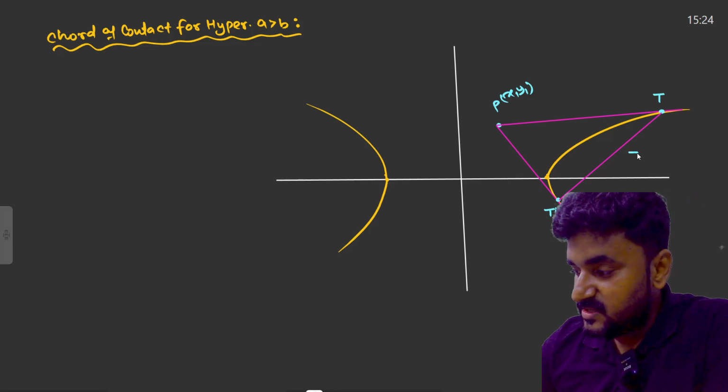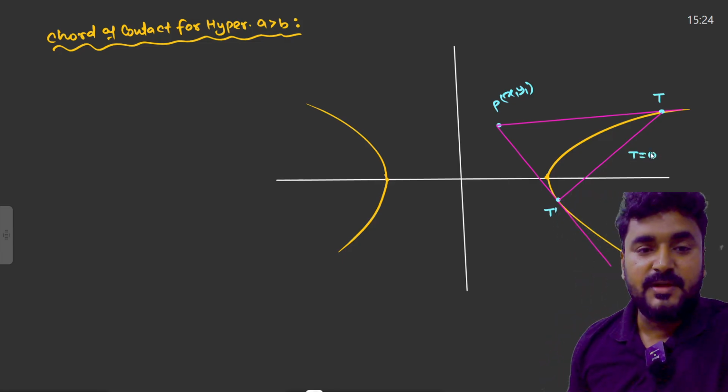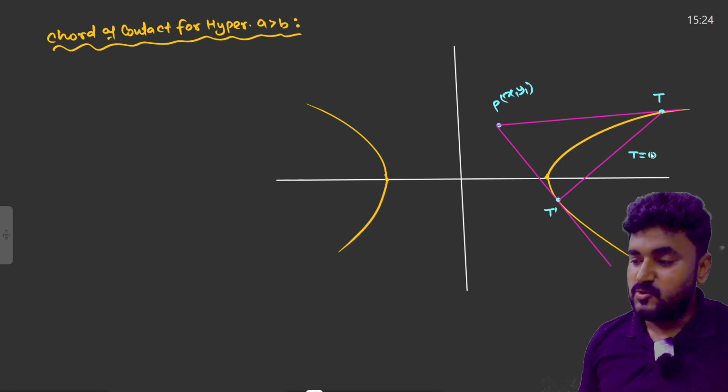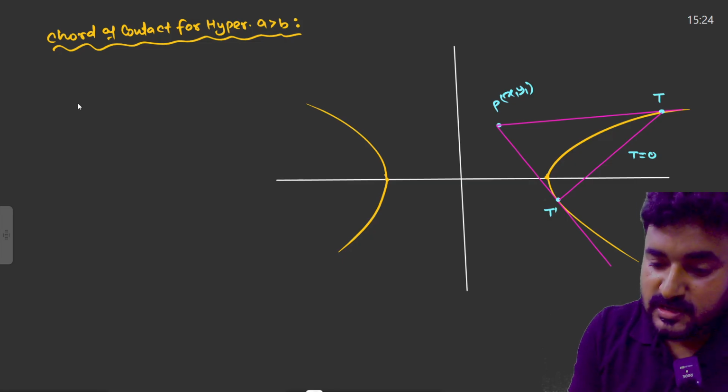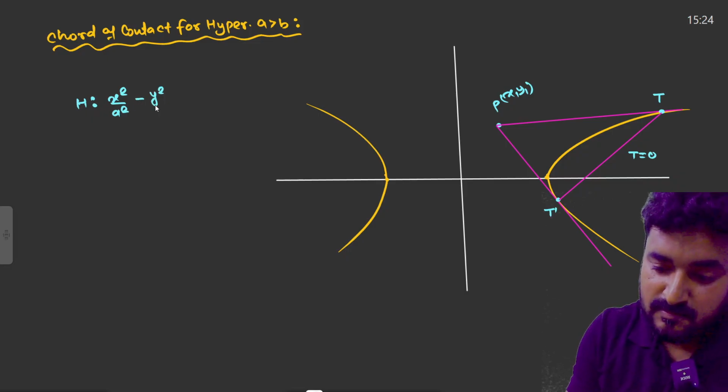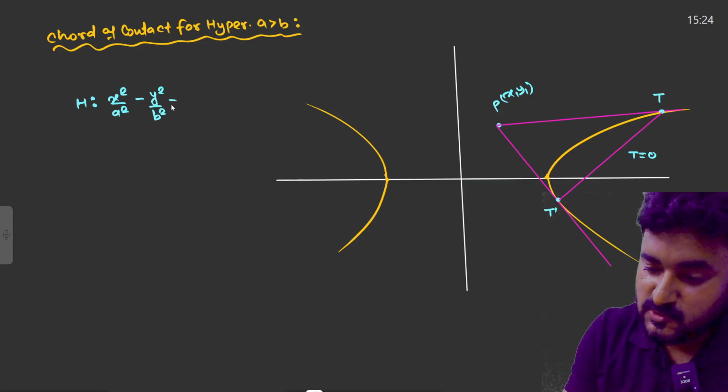And this equation you have done in the circle, parabola and ellipse also: T equals 0. So for the hyperbola, the equation is x square by a square minus y square by b square equals 1.